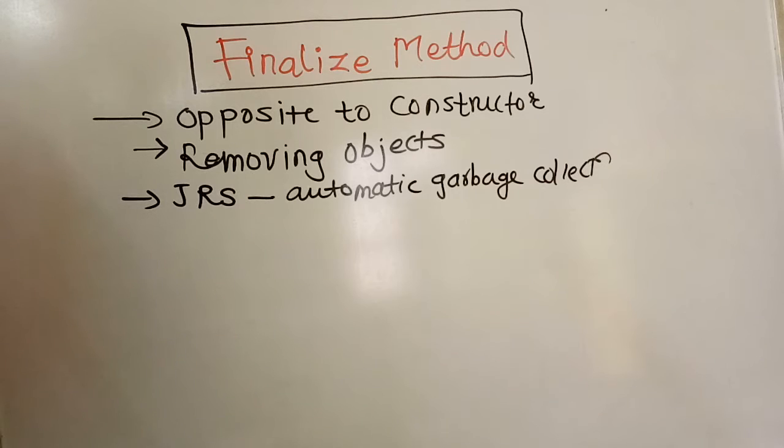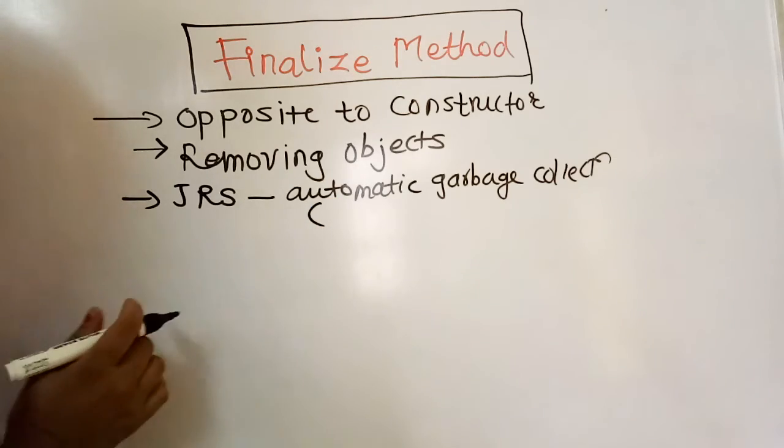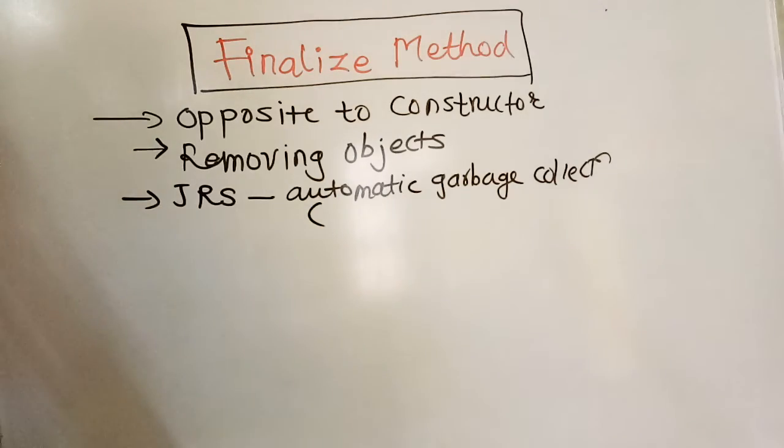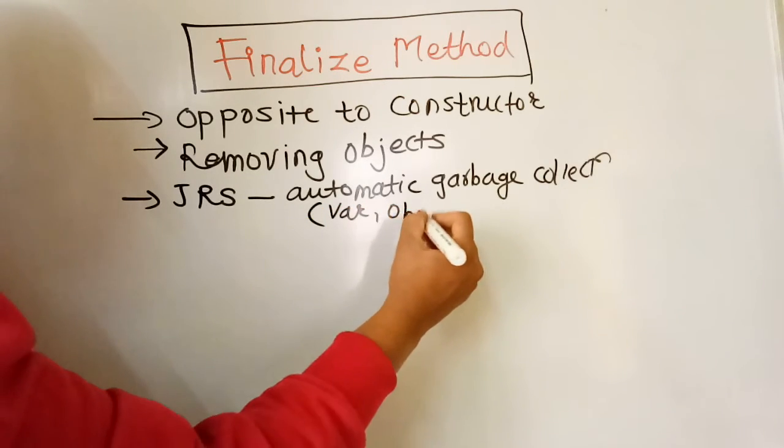Objects hold other non-object resources like Windows system fonts, etc. The garbage collection, which we will learn in the next sessions, cannot free these resources, so for that purpose the finalize method is used. For example, automatic garbage collection works only with some variables and objects.